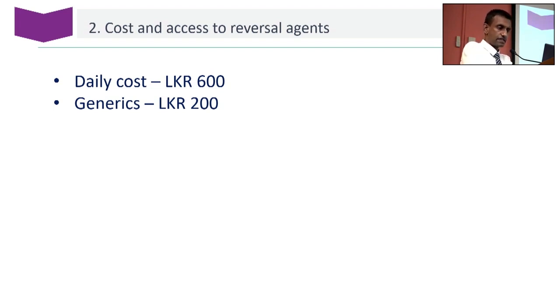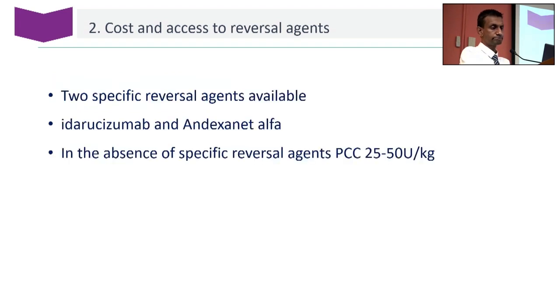When I checked last week, they also said they have a generic for 200 rupees of rivaroxaban once daily. That is going to be the trend because all the DOACs will lose their patent in the next 2 or 3 years, and we'll be getting good quality generics coming out. So I think it's safe to assume that in another 1 or 2 years we will be able to give good DOACs at a cost of about 200 rupees per day.